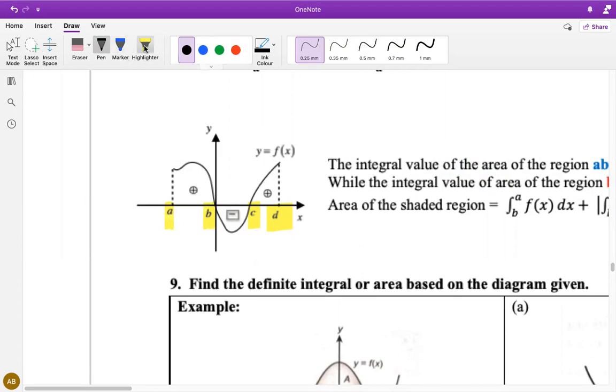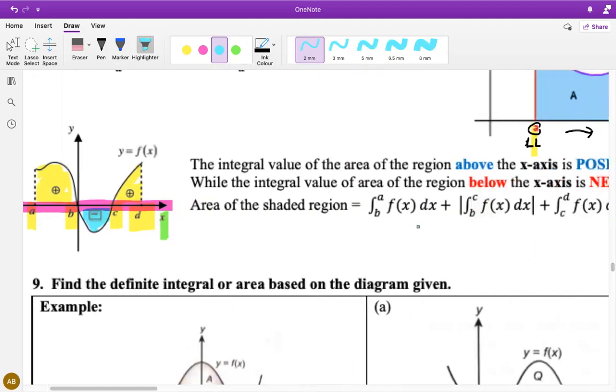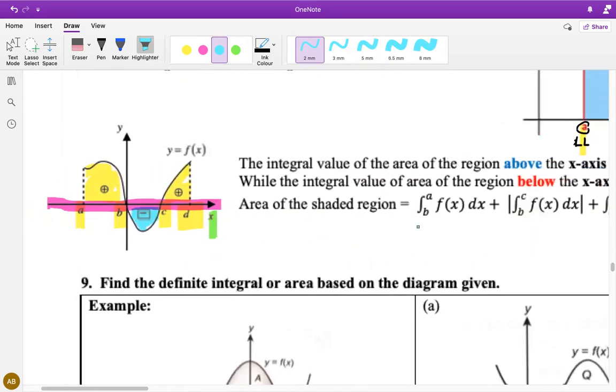So area above the x-axis, above this line, is positive: the yellow part is positive, and the blue part is negative. So therefore, when you find the area of the shaded region, we have to find it separately.